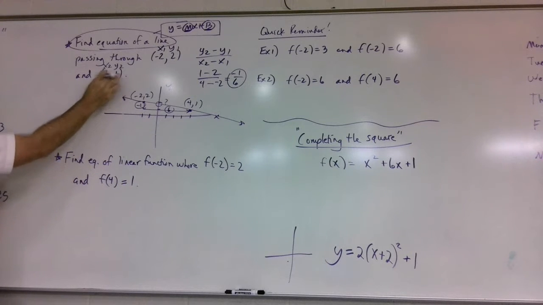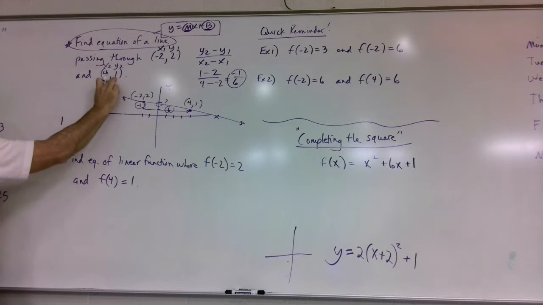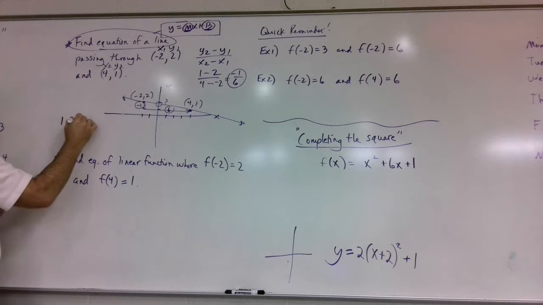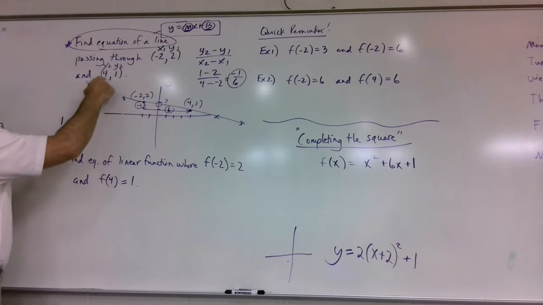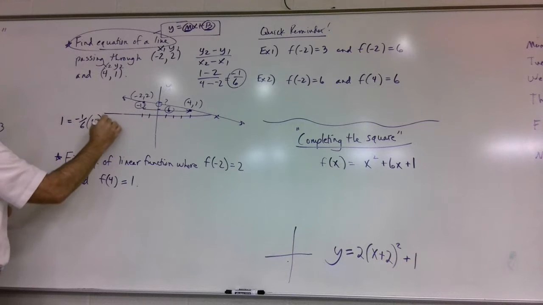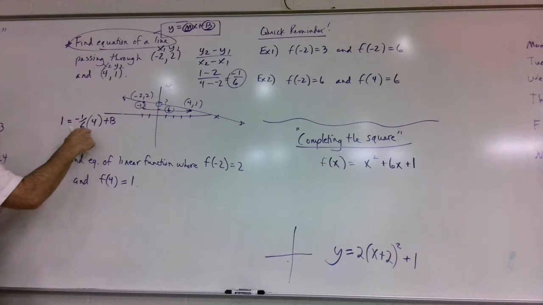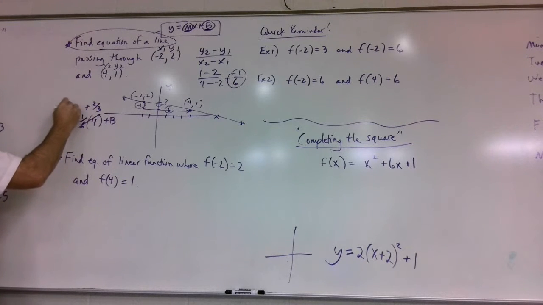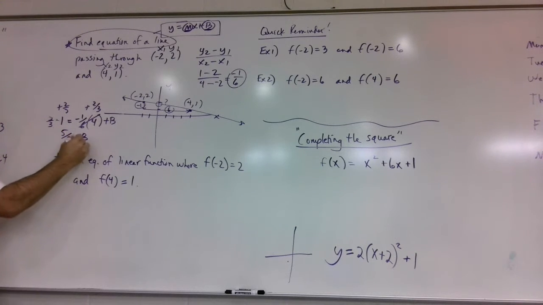I'm going to grab this one, y, that's the 1, equals m, negative 1/6, times x, which is 4, plus b. Now this is negative 2/3 after I multiply it out, so I'm going to add 2/3, add 2/3. Now I'm going to find common denominators and just make that 3/3. 3/3 plus 2/3 is 5/3 equals b.